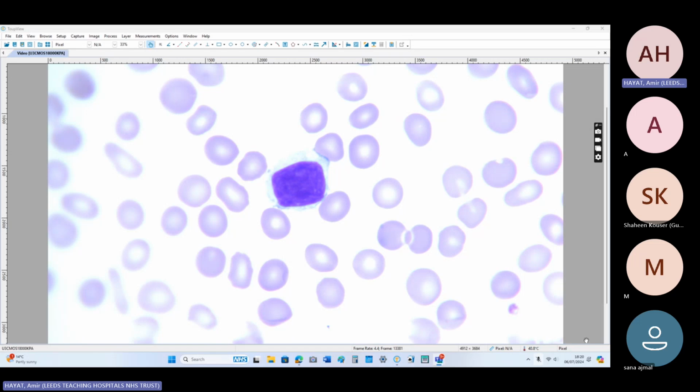Flow cytometry shows CD2 negative, CD3 negative, CD4 negative, CD19 positive, and CD20 positive. What else do you want to know? I want to know about CD5. CD5 is positive. Then I want to know about CD23. CD23 is negative.